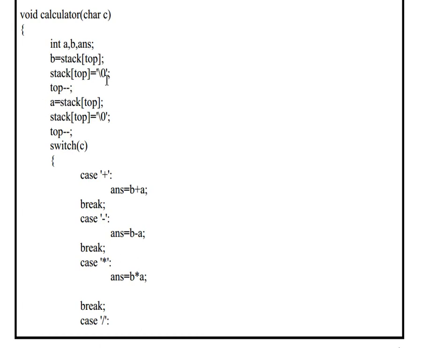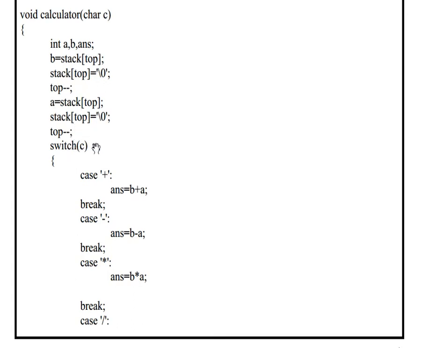After extraction we put a null character, or if you don't put it, also no problem. You can make it top minus minus, so that it points to the topmost element. Again we are at the position of operand 1, which will be copied into operand variable a, and similarly perform the same thing.